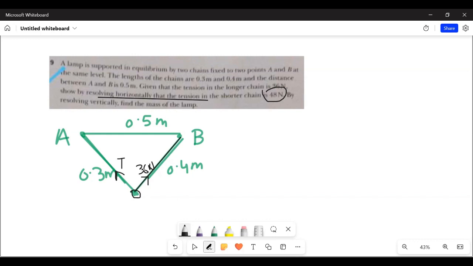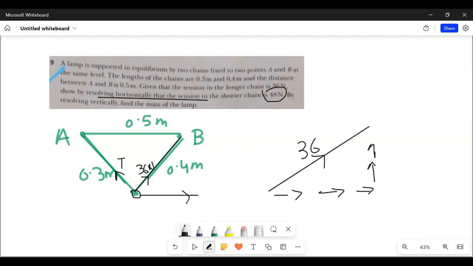So we need the horizontal component of the 36 Newton force, which will be pointing in this direction, because we discussed it yesterday, that if a force points in this direction, then it should have a component in this direction and a component in this direction.